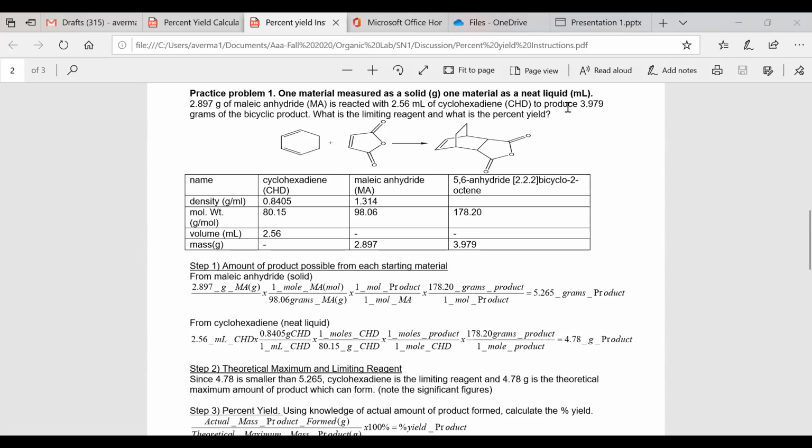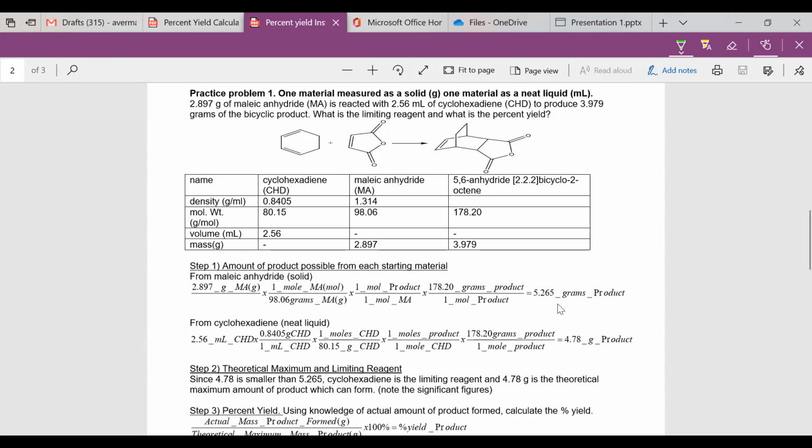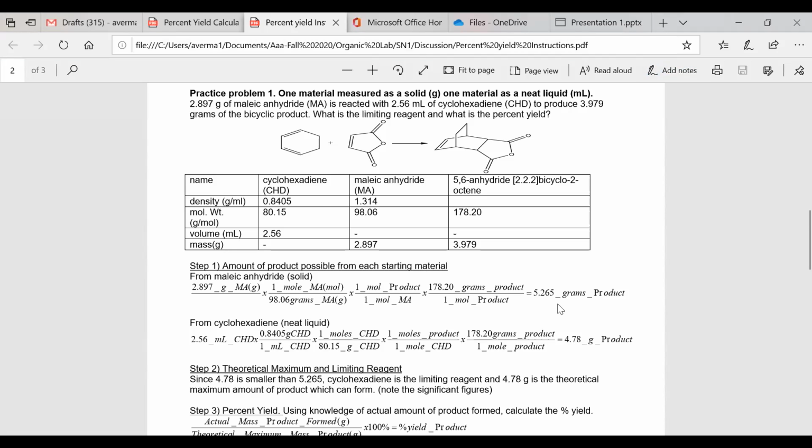If you look at the handout that has been provided to you, there are several practice problems that you can also see. Now, there are a few things that I want to point out here. First, you need to write your dimensional calculations in a horizontal fashion, not from top to bottom.